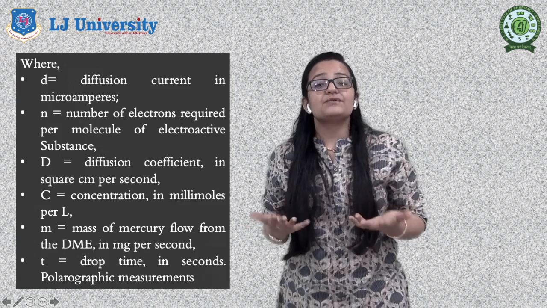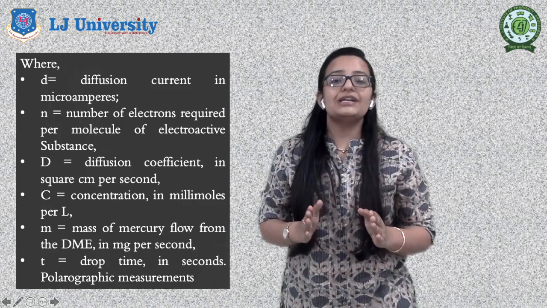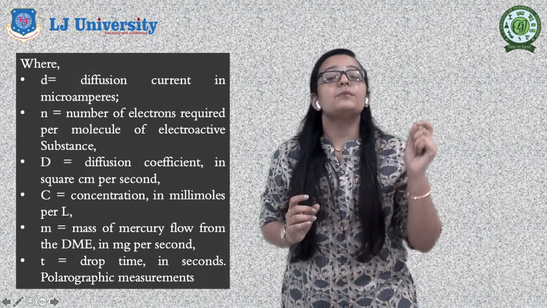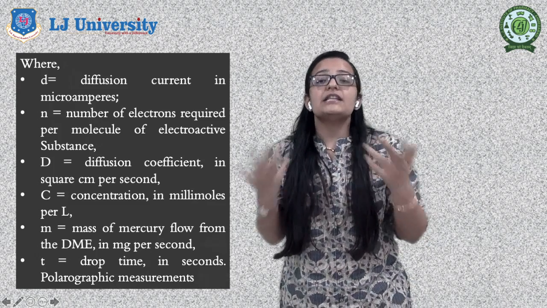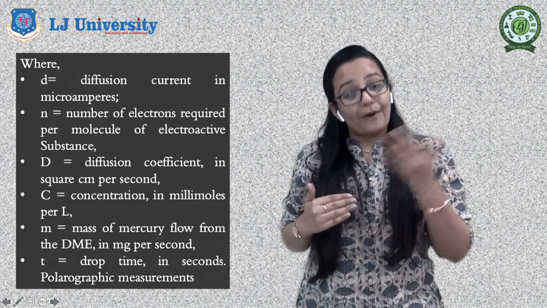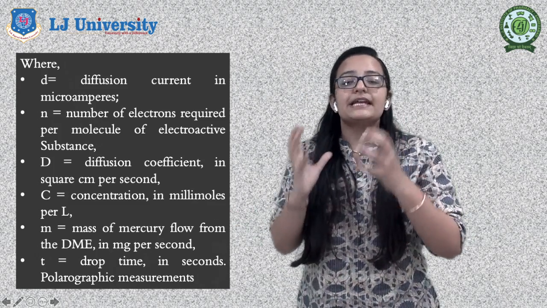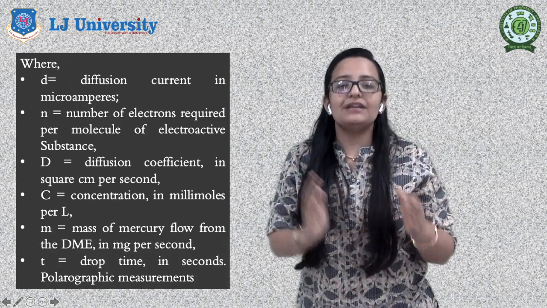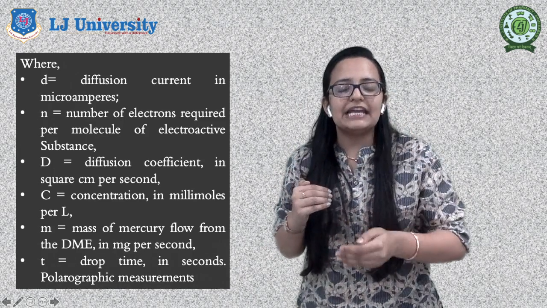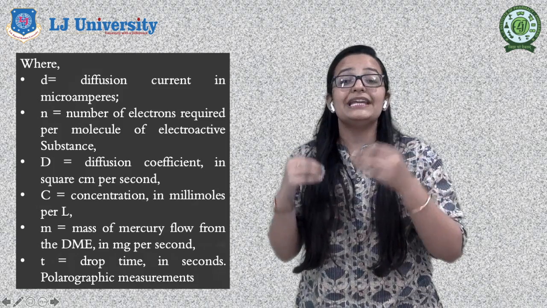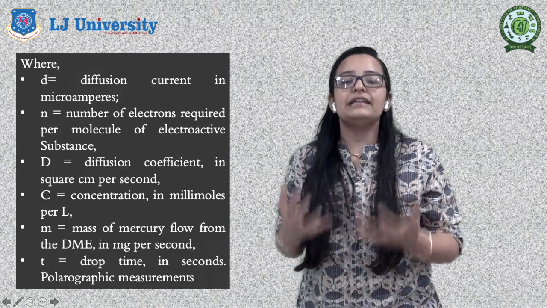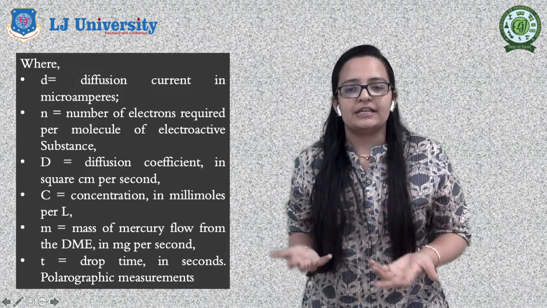Capital D stands for diffusion coefficient in square centimeter per second. C is concentration in millimoles per liter. m stands for mass of mercury flowing from the DME, that is the dropping mercury electrode, in milligram per second, and t is the drop time in seconds.